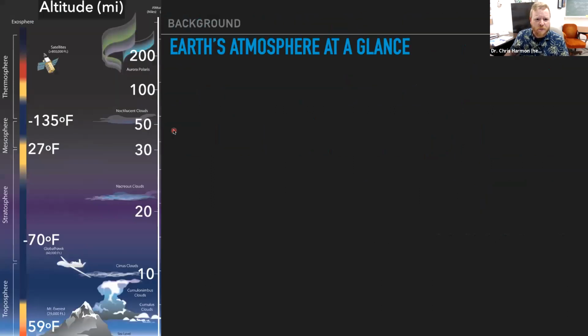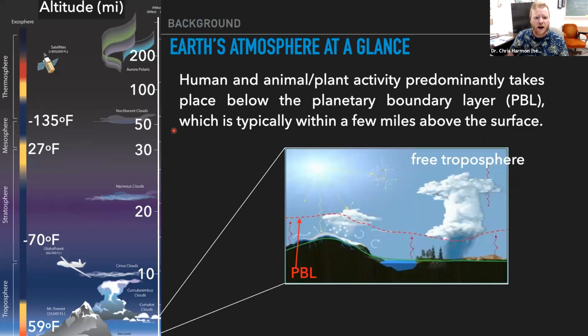Just briefly, to tell you a little bit about Earth's atmosphere, we live and exist in the planetary boundary layer. That's the lowermost sliver of the atmosphere. Like I said, it's an extremely short area compared to the full height of the atmosphere.